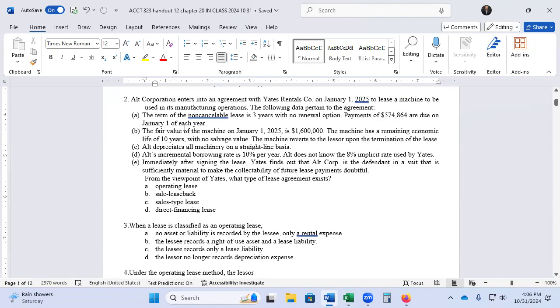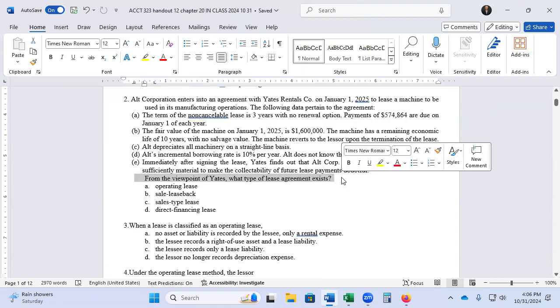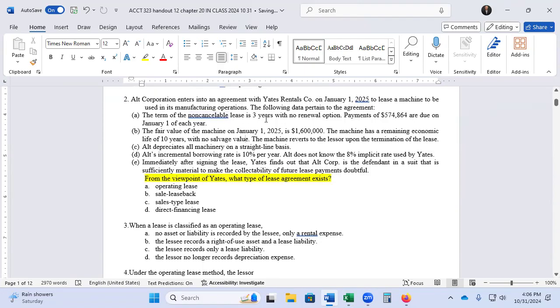Yeah, this one's a long one. We've kind of had this set up before, and what they're asking is, from the viewpoint of Yates, what type of lease agreement exists? So Yates is the lessor, and the term of the non-cancelable lease is 3 years with no renewal. And I believe I didn't see any bargain purchase option on there.